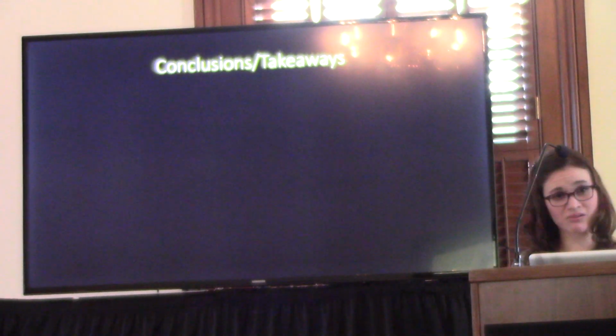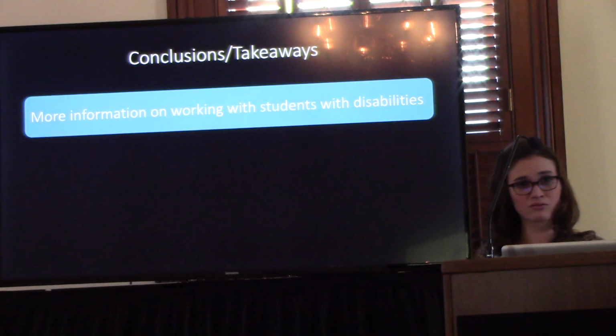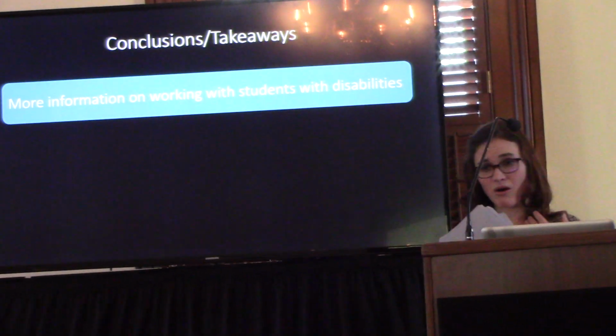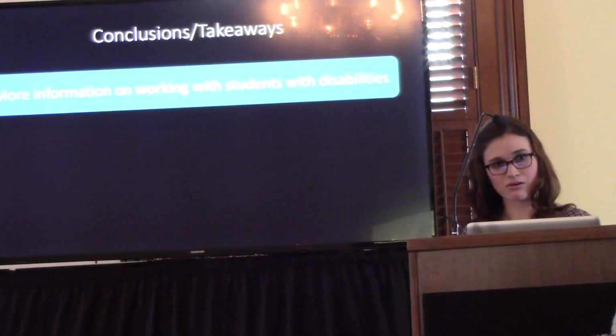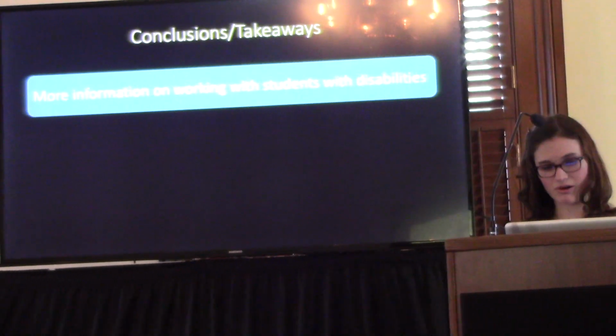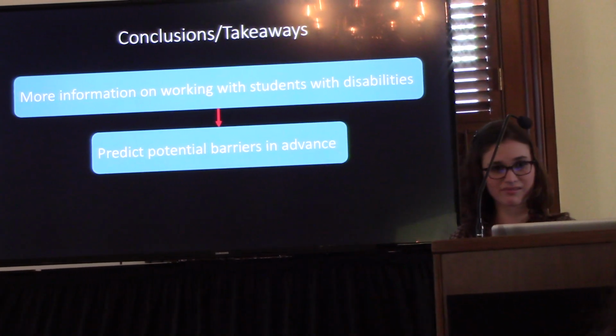Therefore, faculty desire more information on working with students with disabilities. However, they not only desire more information, they want the ability to predict the barrier in advance before it happens.